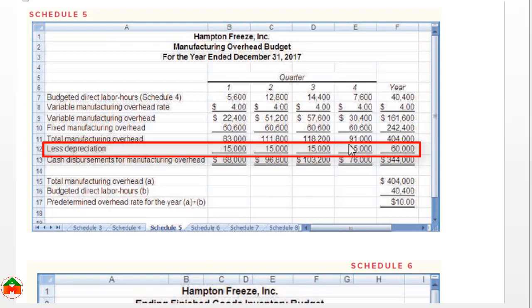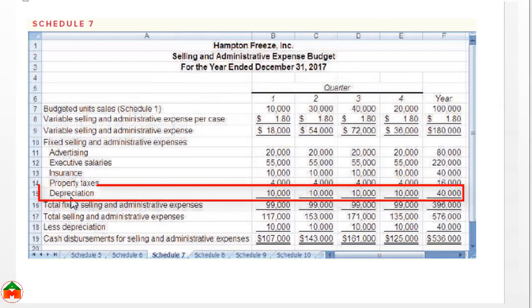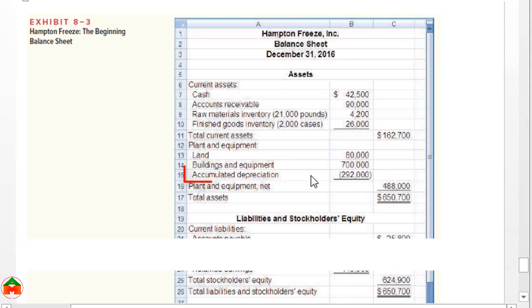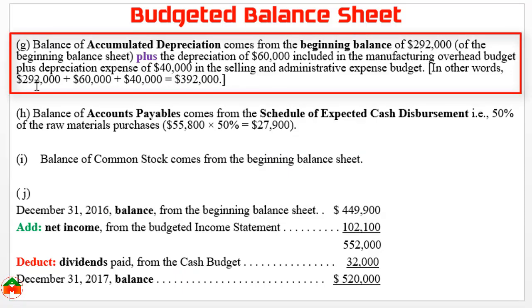As well as in the selling and administrative expense budget, we can see depreciation, which is 40,000. Ultimately our total accumulated depreciation would be opening balance 292,000, depreciation for manufacturing overhead 60,000, and depreciation for selling and administrative expense 40,000.